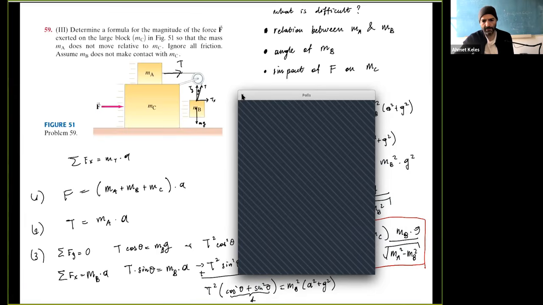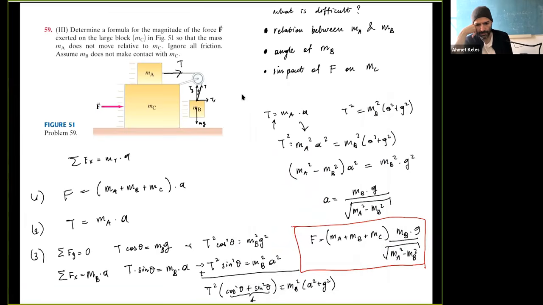Now let me see what if MA moves relative to MC? In this case, T is equal to F because MA is not moving. T is actually not quite F, right?